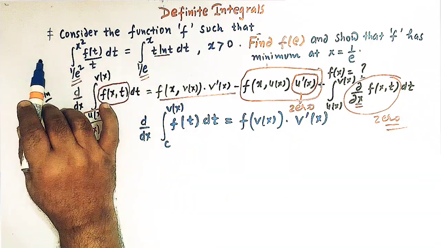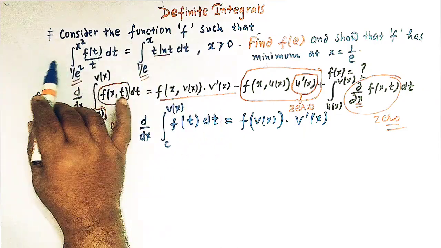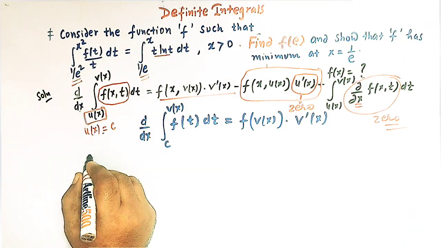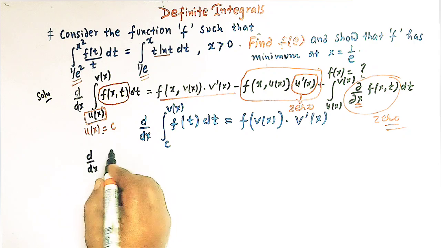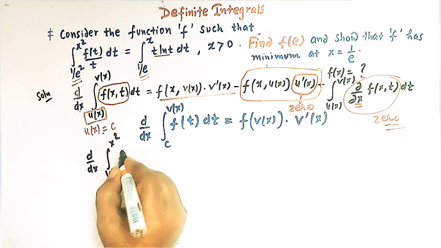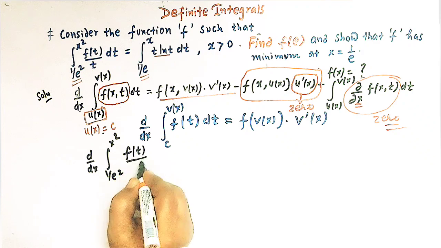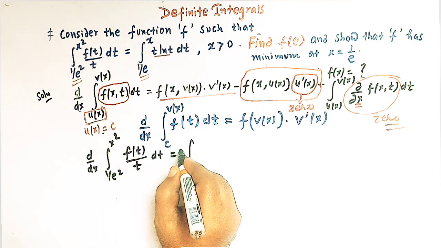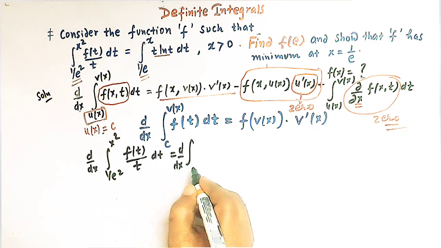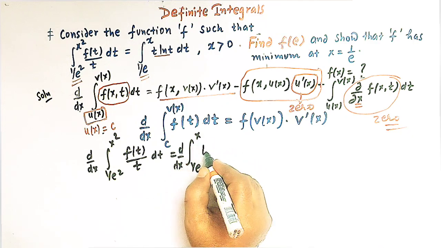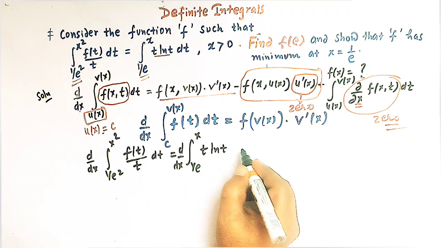So we'll now take the derivative of both sides. So now we have d by dx of the integral from 1 over e square of x square f of t over t dt, and then we have d by dx of the integral from 1 over e to x of t times natural log of t dt, right?